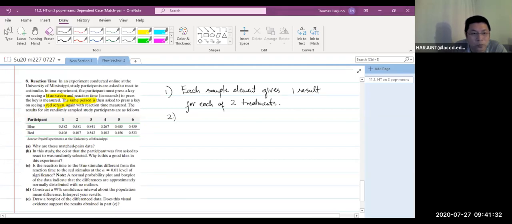Okay, second, in this study, the color that the participant was first asked to react to was randomly selected. Why is this a good idea in this experiment? I think they were asked to do blue screen first and then red screen.